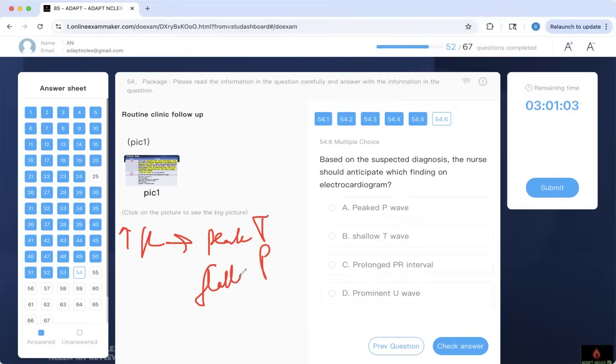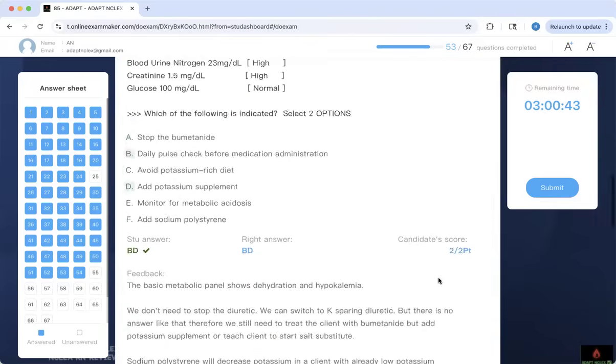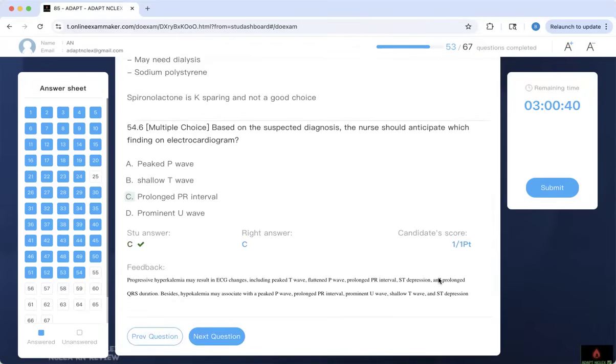And then your PR interval will increase before you go to QRS widening, and you go to asystole and you die. Therefore, the only thing we can see that is consistent is PR interval prolongation. This is a question on fluid electrolyte medication to help you master the concepts associated with these conditions when they come to the Next Generation NCLEX.